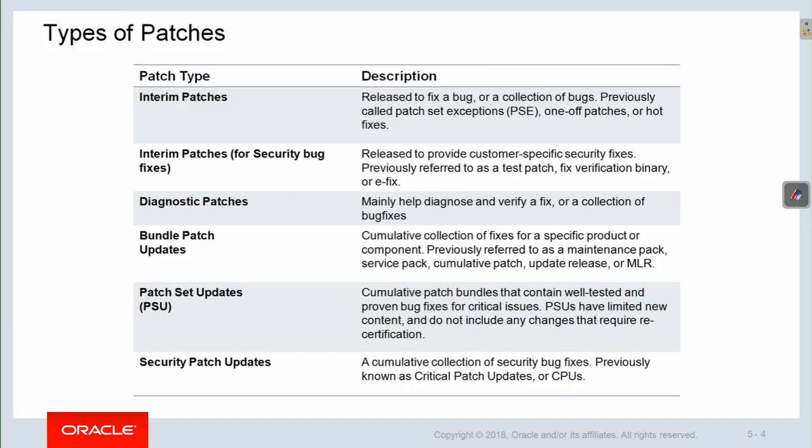When you go to Oracle support website and search for a patch, you will see the patch type of the patch that you are searching. And the installation of a patch is the same. So we use OPatch to install patches.